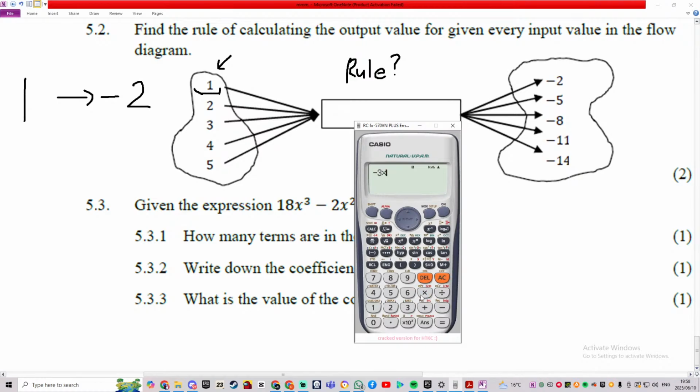If I say minus 3 times x is minus 6, that still doesn't work. Do you see what my process is? I'm thinking, what must I do to get to the answer? Do you see the thought process? Hello, Rio, do you see the thought process? Yes, sir.